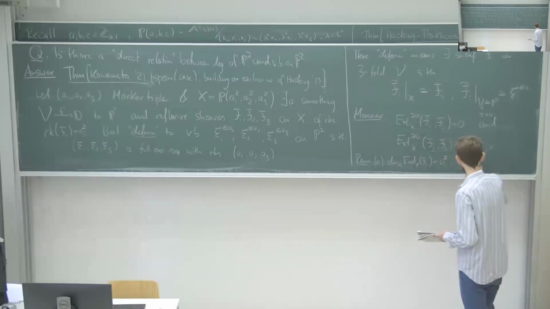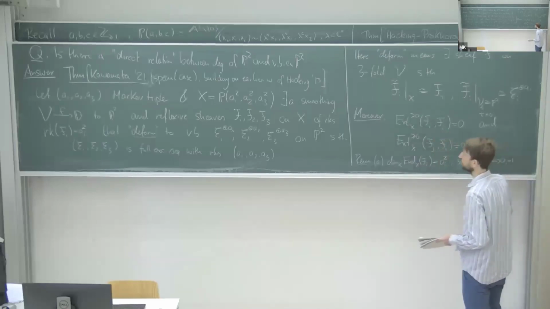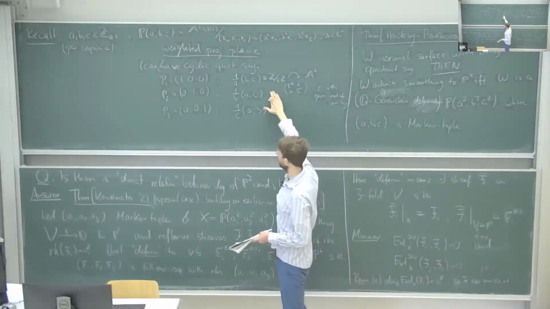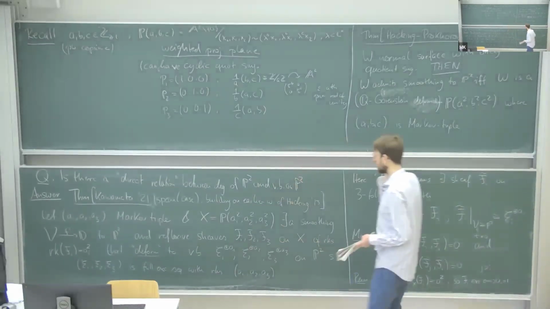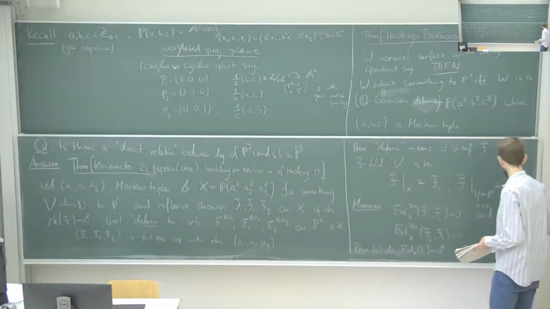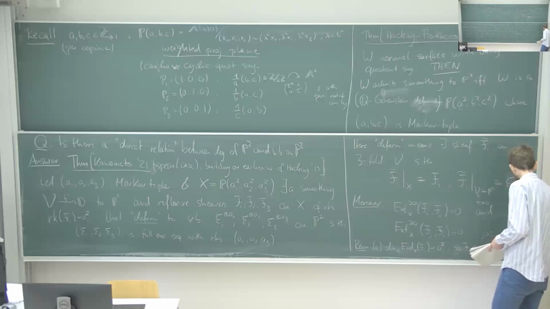So Fi is an exceptional object if and only if Ai is equal to 1. And this is by what we've discussed here. This is the case if and only if Pi, the corresponding potentially singular point, is a smooth point.